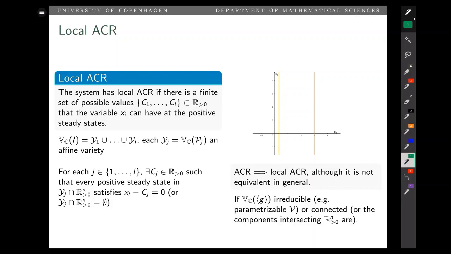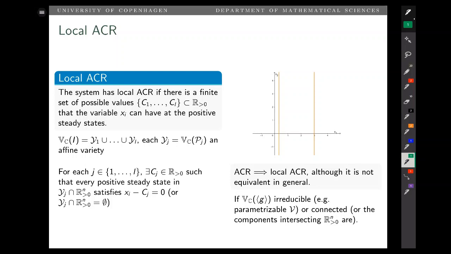But it's true sometimes. It's true when I only have one component, when it's irreducible. And it could sound like a very strong assumption, but it is the case in many networks that are of interest.